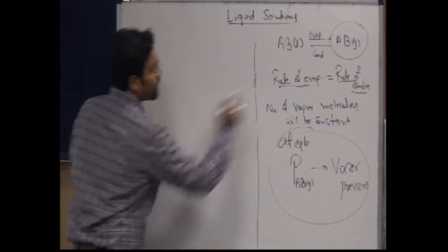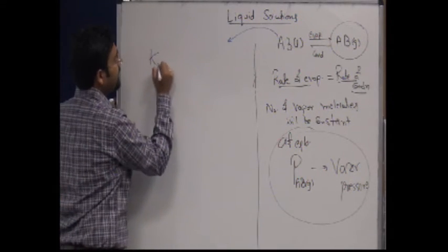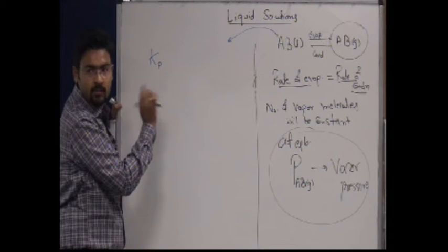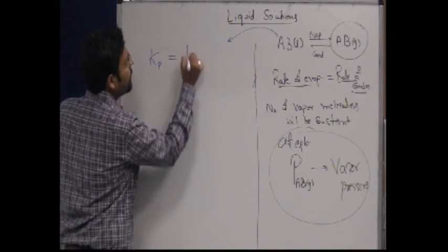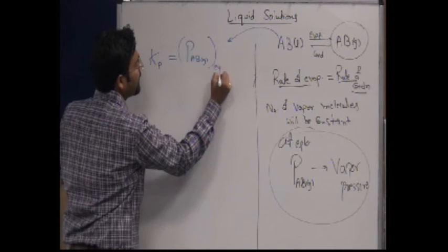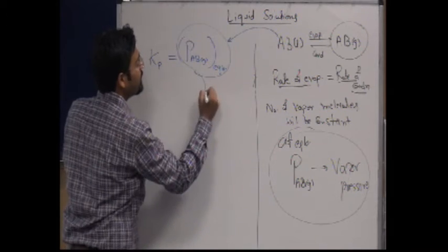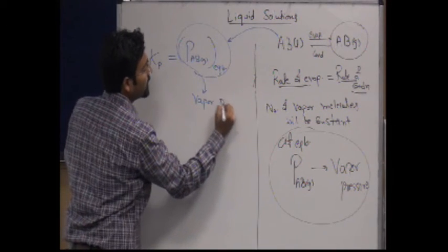Now, for this equation, if I write Kp, the equilibrium constant, it will be the partial pressure of AB vapor at equilibrium. And we also know that this is nothing but vapor pressure.